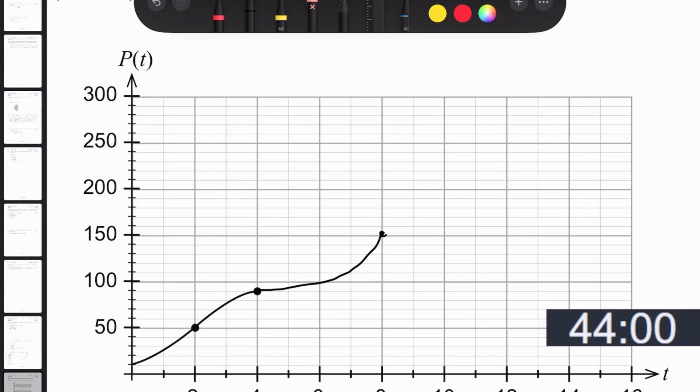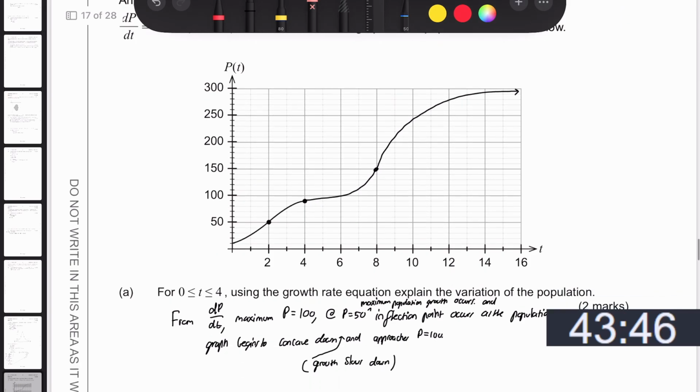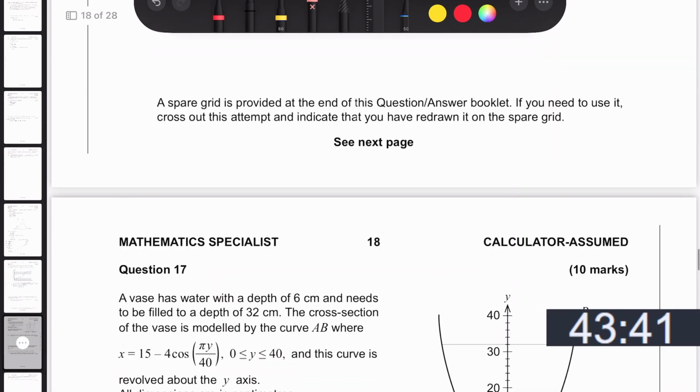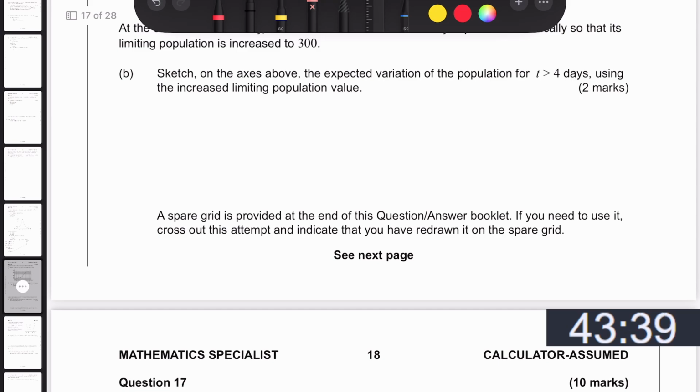Concave up, just like concaving down as we approach 300. Something like that. Okay, and I think I'm going to stop it here because it's 10:30 right now. So we'll finish the rest off later.